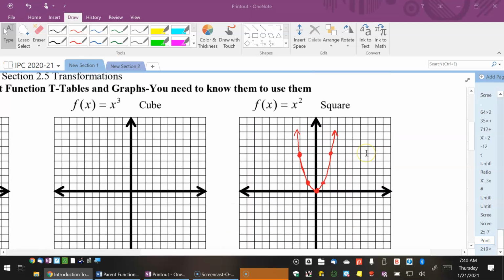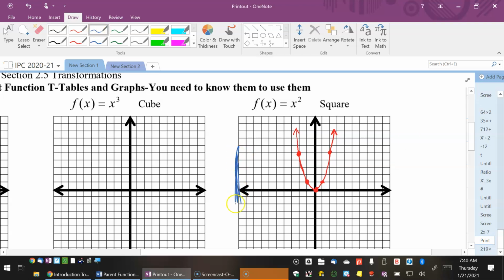While we are here, what is the domain of x squared? Now, there are 2 ways we could answer this question. We could look at the graph, take our pencil, hold our pencil over here, and ask ourselves, are we touching the line? And the answer is, yes, because of the arrow.